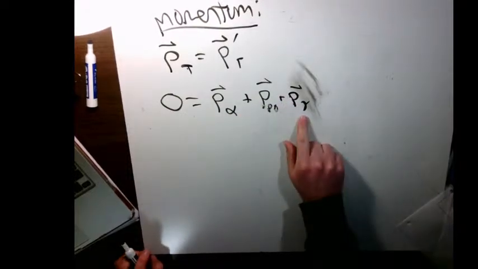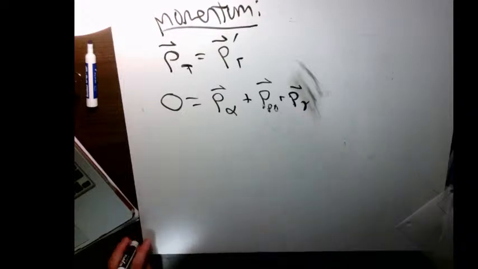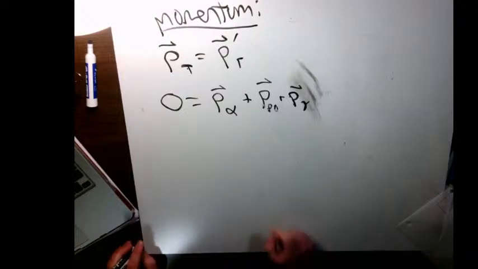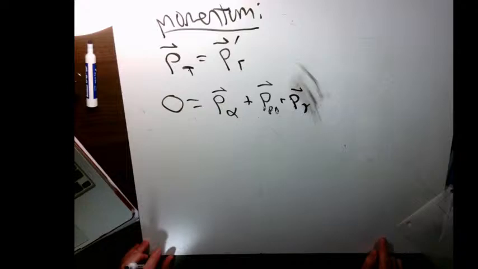So you won't always have a gamma, right? We'll look at that in a second, but if there is any gamma radiation present, you need to take that into account in your momentum conservation.